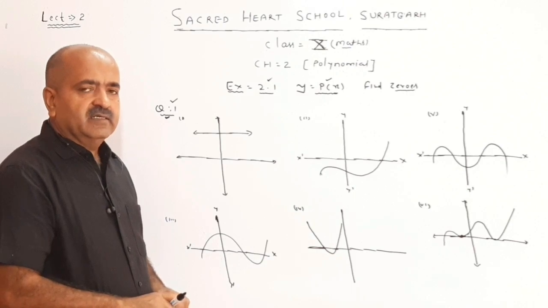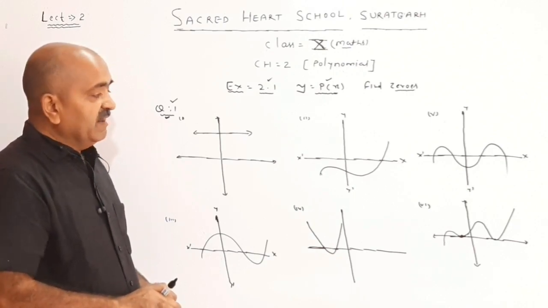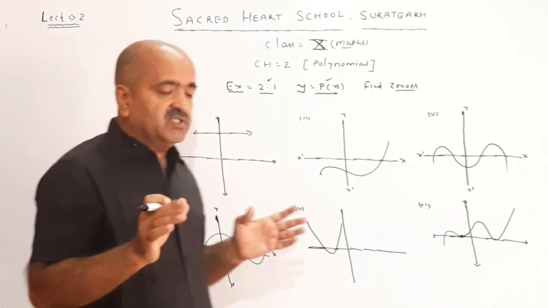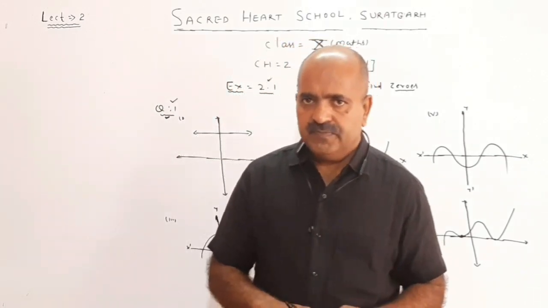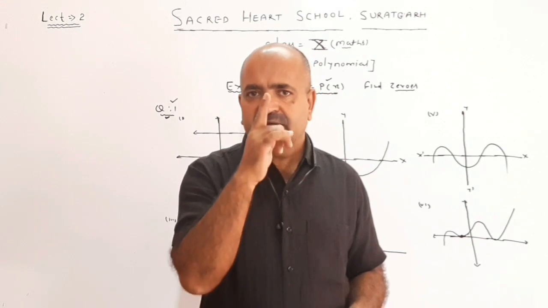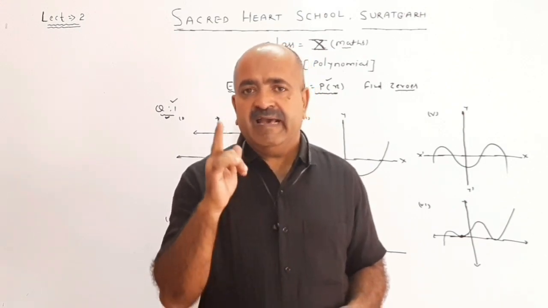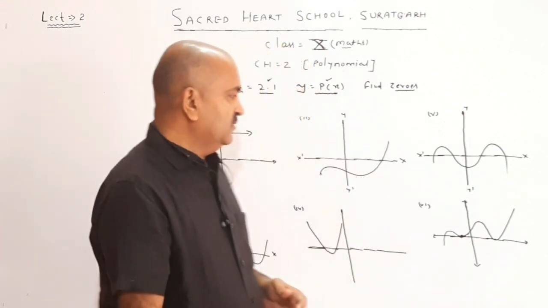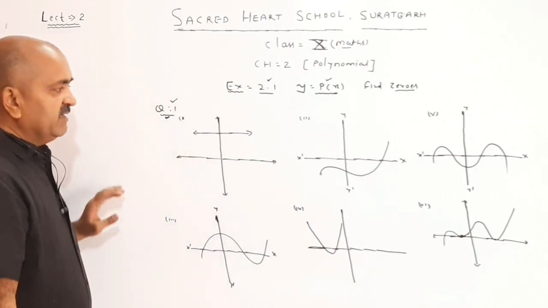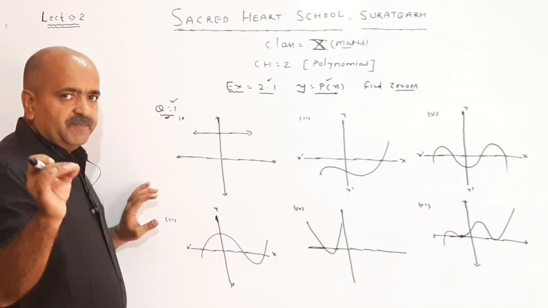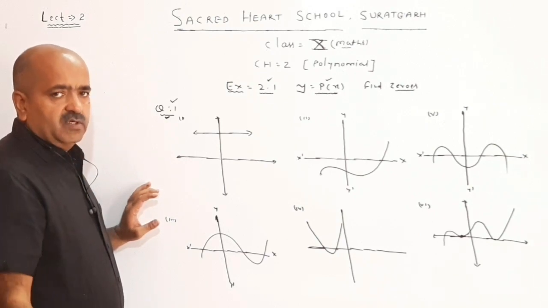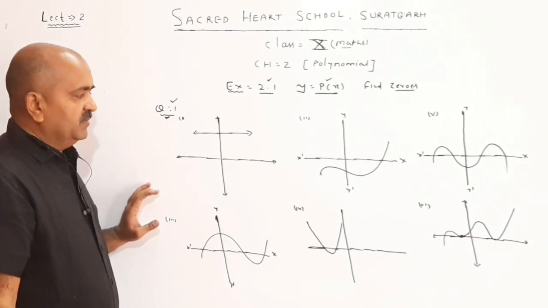Students, in the previous lecture, if we find zeros of the polynomial using graph, then you know that the graph intersects the x-axis at how many points? And those points are the number of zeros of the polynomial.